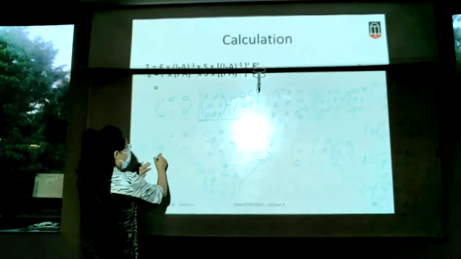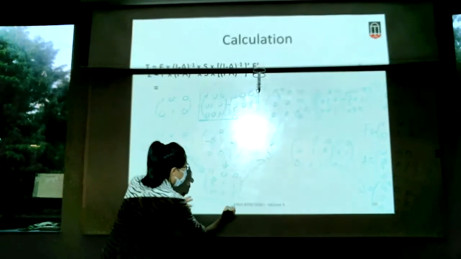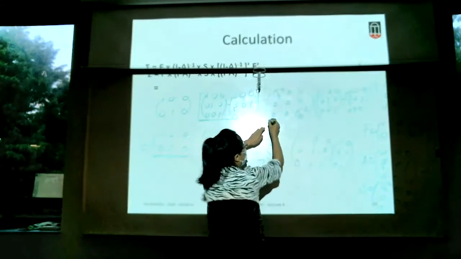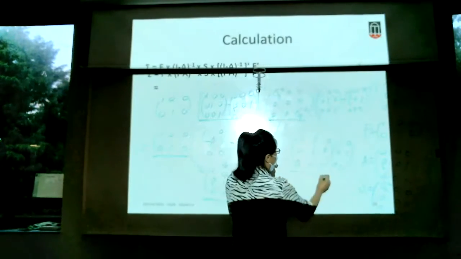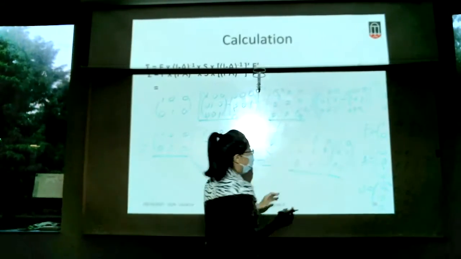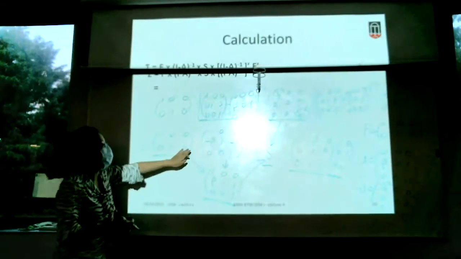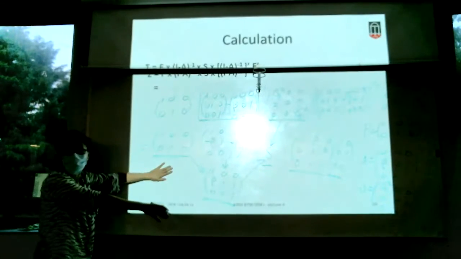So we have one matrix here, a second matrix here, the S matrix here, and this part. Just do the matrix multiplication.